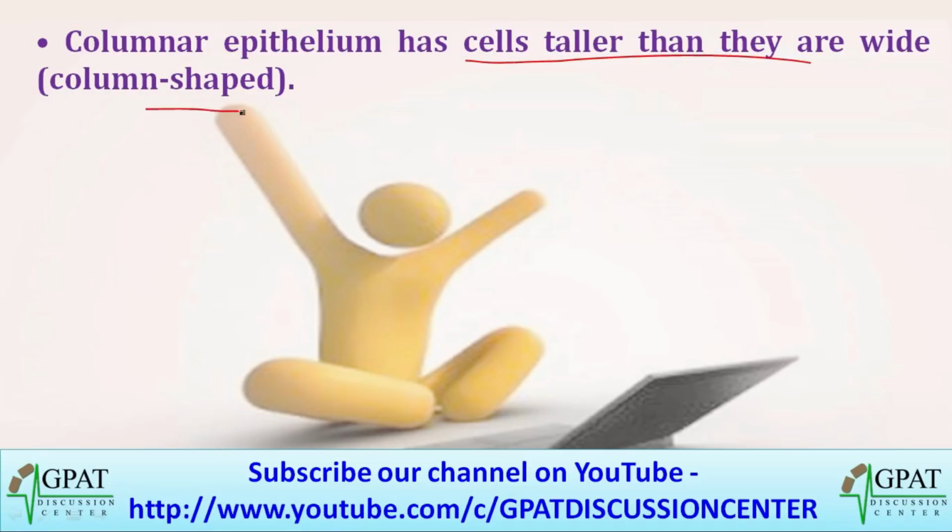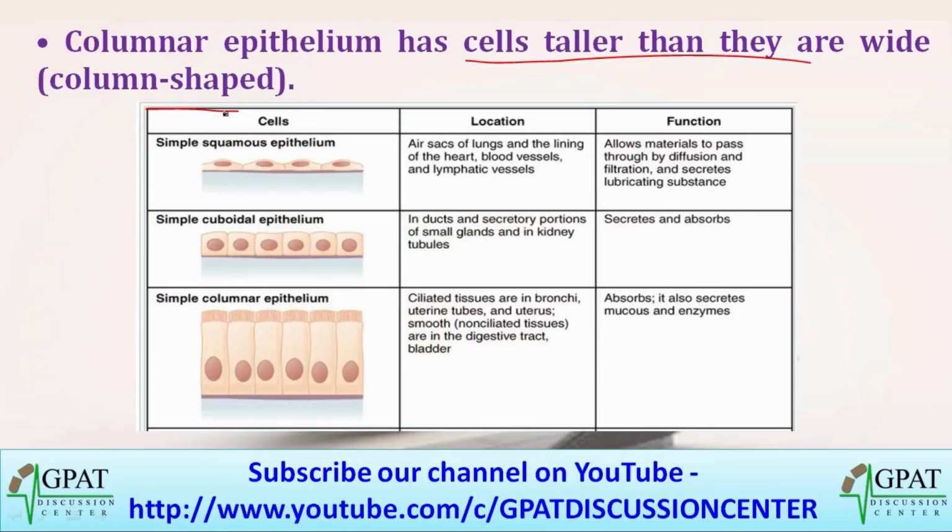So let's discuss with the help of this diagram the cells, their locations and functions. First is simple squamous epithelium, and where is it present? The air sacs of lungs, the lining of the heart, blood vessels, and lymphatic vessels. And what are the functions of a simple squamous epithelium?